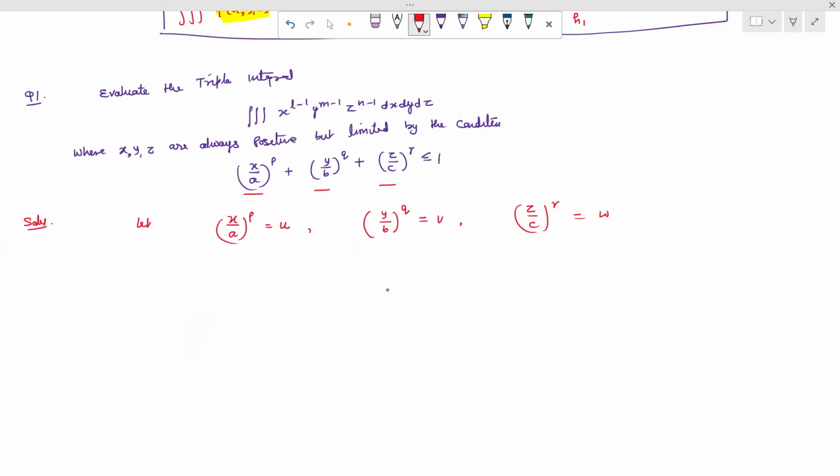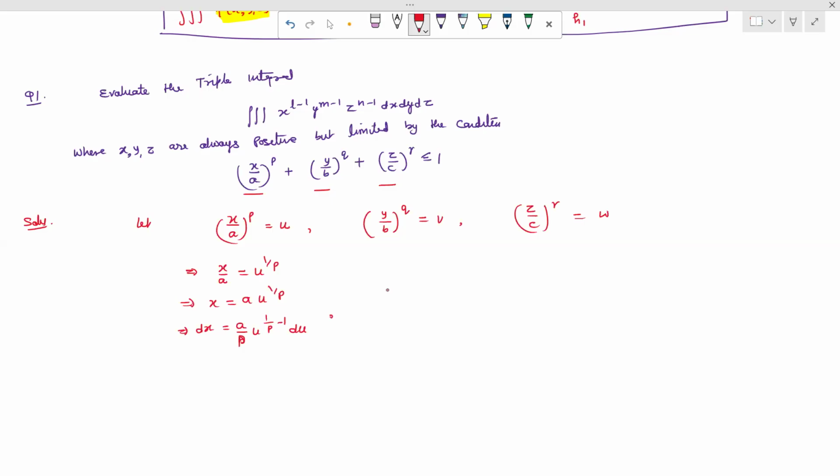So we write down the value of this. So it implies x upon a is equal to u raised to the power 1 upon p. So this gives us x equal to a into u raised to the power 1 upon p. So when we differentiate this, dx gives us a upon p u raised to the power 1 upon p minus 1 into du.